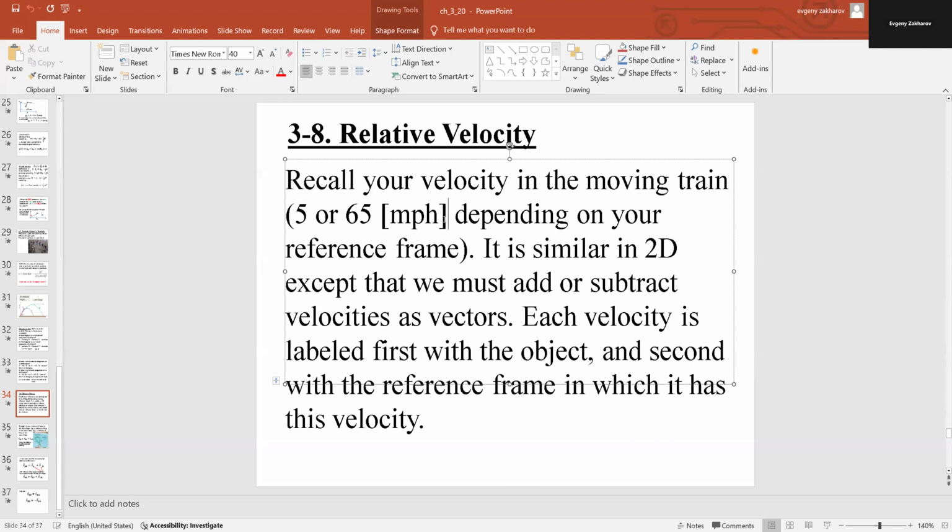You're just sitting still. But if you're a bystander, then it's going to be like 65 miles per hour, convert that into meters per second and stuff like that. So for any vector, specifically velocity, you really want to specify, or at least keep in mind, the reference frame that this velocity applies to.